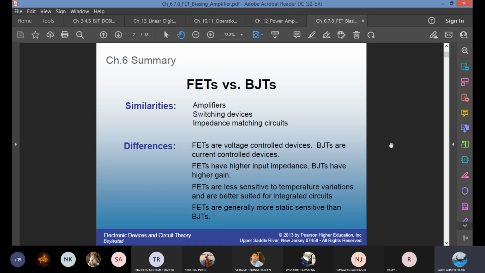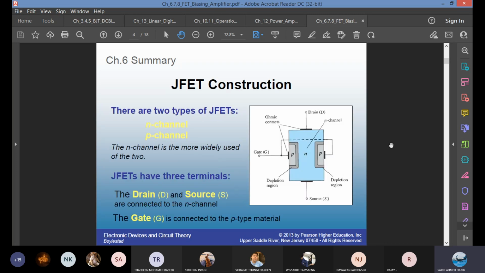There are some similarities between BJTs and FETs. The main difference: BJT is a current control device and FET is a voltage control device. You can see from the equation of FET, ID equals IDSS multiplied by, in the bracket, 1 minus VGS divided by VP, whole squared.